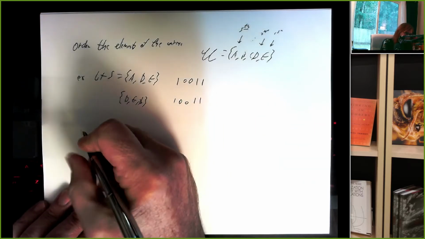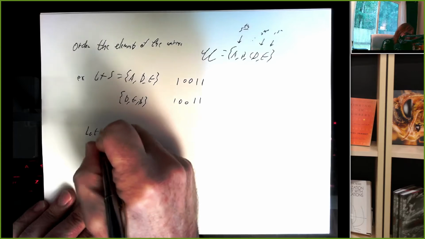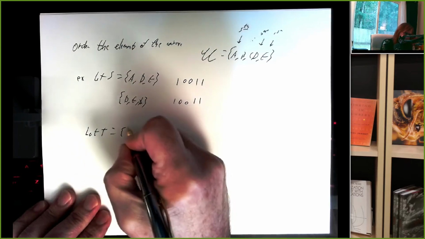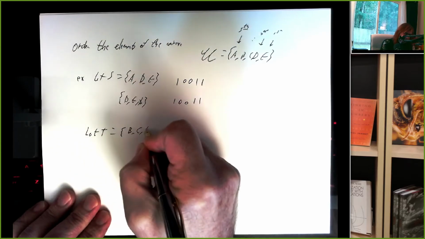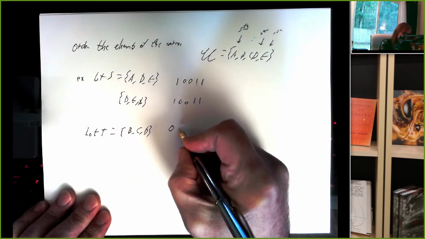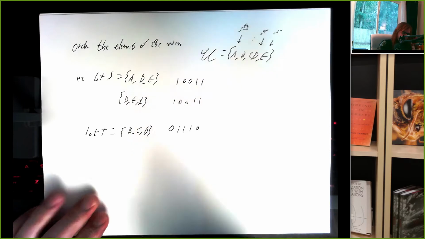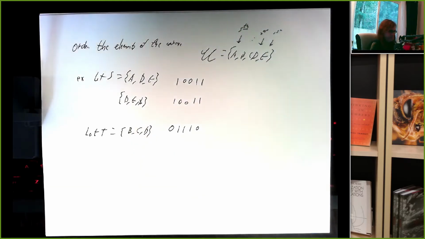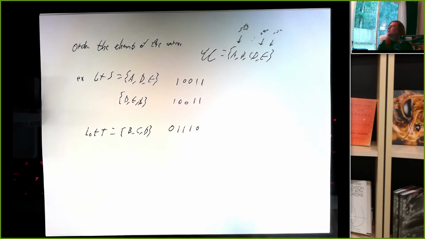And so I could let T be the set B, C, D. And so that would correspond to the number 0, 1, 1, 1, 0. Everybody get the idea of how I'm doing this mapping to binary numbers?